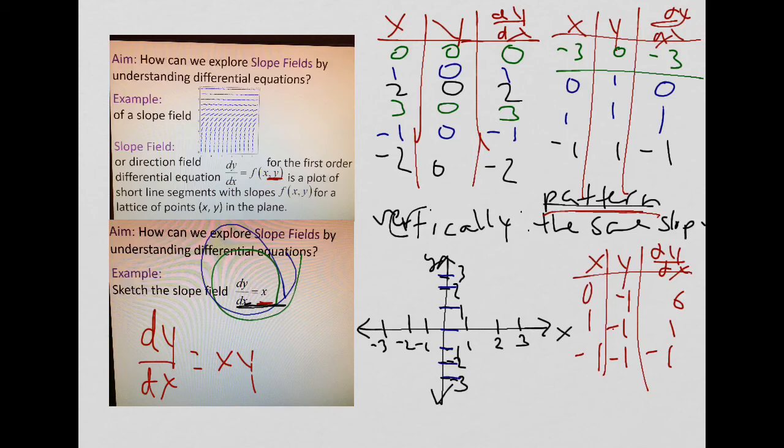I tried changing the color so you can see the difference. Okay, when x is 1, and it didn't matter what y was, then dy over dx was 1. So it looks something like this. Just have fun with it.